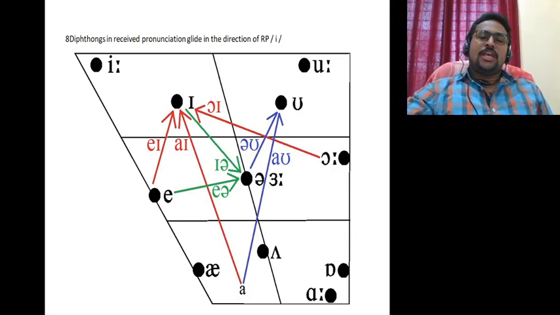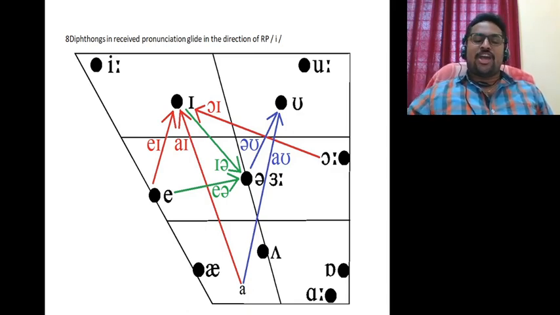So how many monophthongs do we have in English? We have 12 monophthongs and 8 diphthongs. Let us find out what the 8 diphthongs in English are. For example, if you take short e, the sound is generated at this part and it glides towards the sound e.